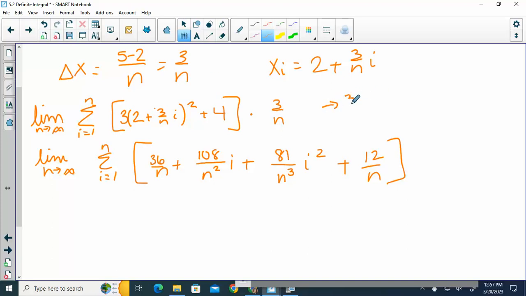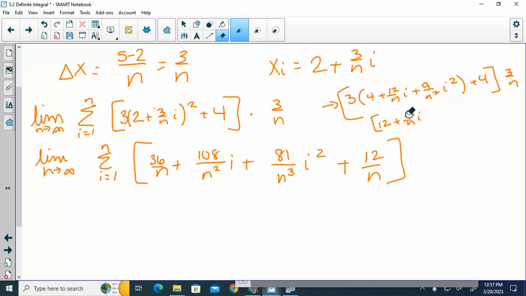So what I did, if I squared this, and I distributed my 3, and then I distributed my 3 over n.